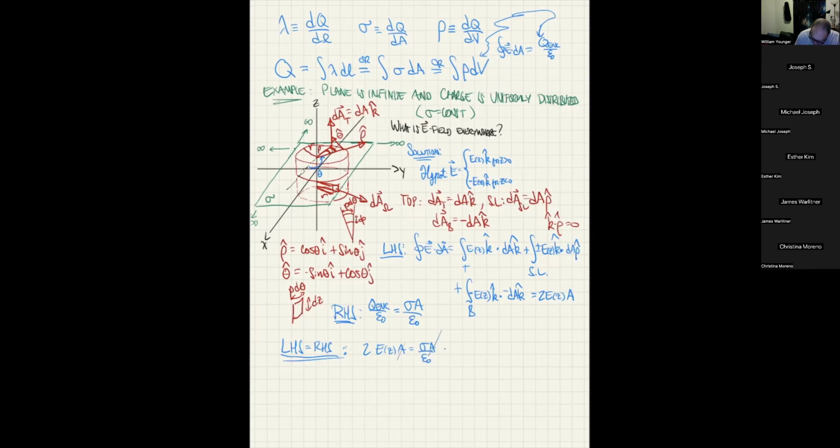Now I'm going to make use of my original hypothesis, and I'm going to say that the electric field is equal to sigma over 2 epsilon naught K hat for Z greater than 0. And it's going to be negative sigma over 2 epsilon naught K hat for Z less than 0. And I now have the electric field everywhere for this.